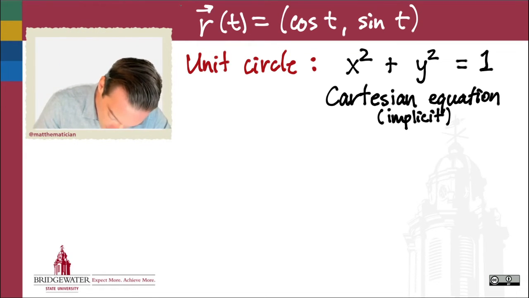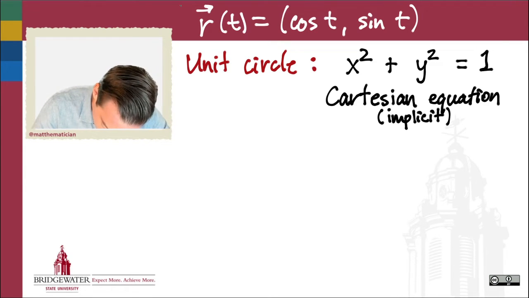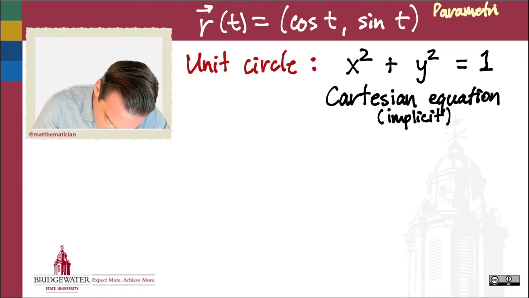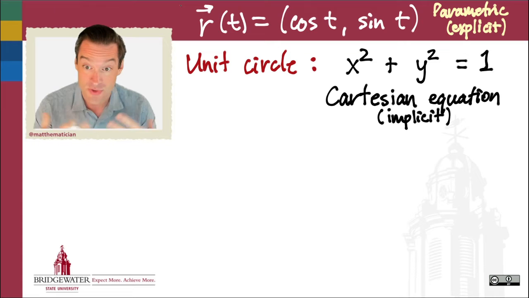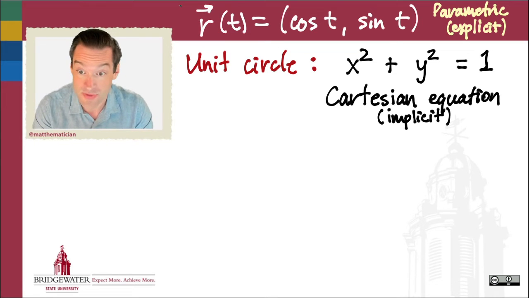Meanwhile, our parametric equation, our vector-valued function up here, is explicit. It actually tells us the coordinates of points. All we have to do is supply it with a t, and it's going to spit out for us the coordinates of some point that belongs on this parameterized curve.